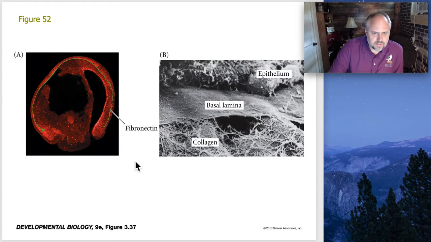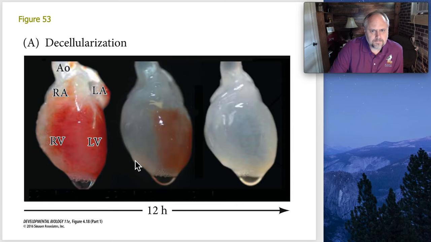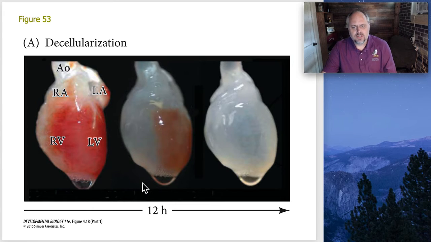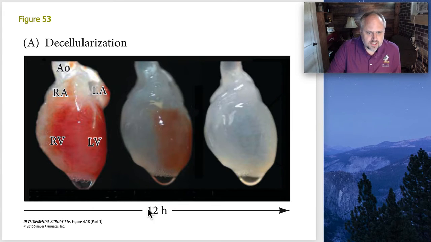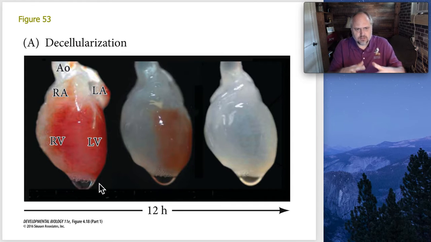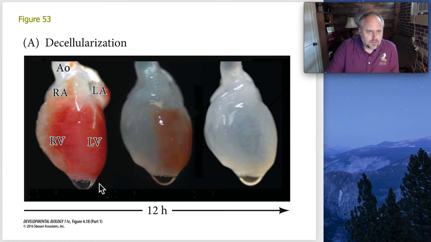I think I got one more picture here. Oh yeah, this was kind of neat. Basically what this figure shows is, slowly over a 12-hour period, these researchers, in a deli box in a fridge, slowly dripped a saline solution that had components in it that would remove the cells from their environment.